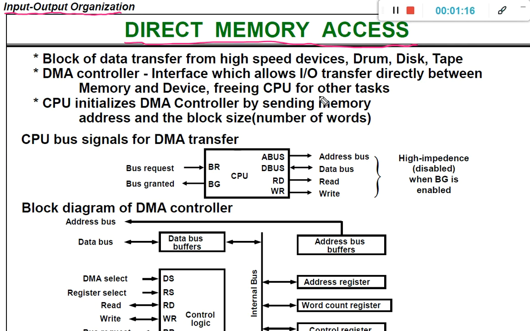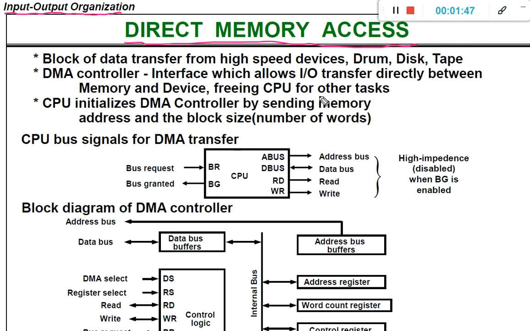During interrupt initiated I/O also, the CPU needs to stop its current execution and service the interrupt service routine, which performs the data transmission. During this data transmission, the CPU needs to verify the transfer without doing any other operation. So once again, the CPU is idle during the data transmission.